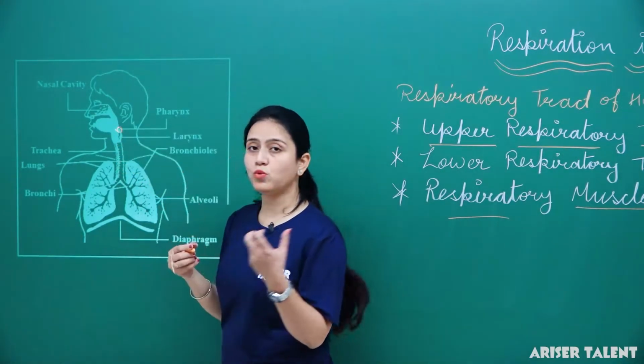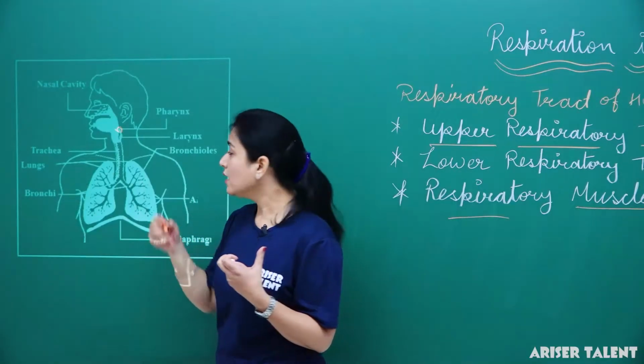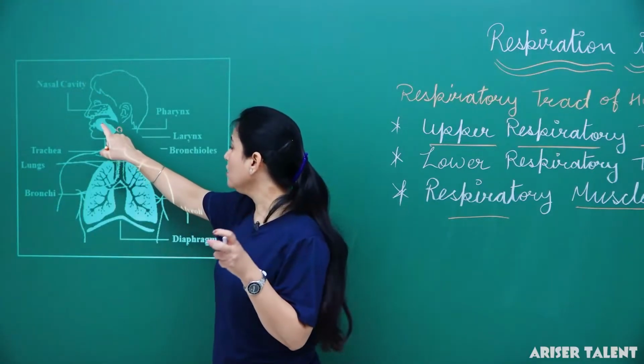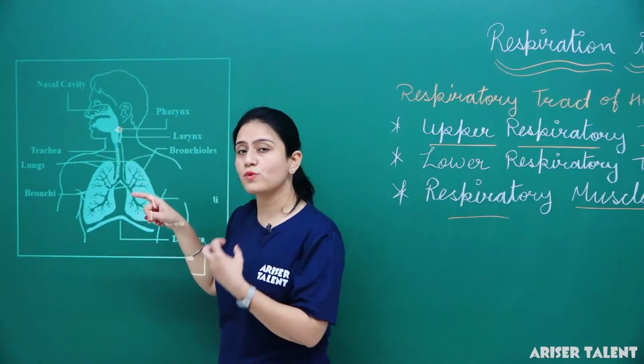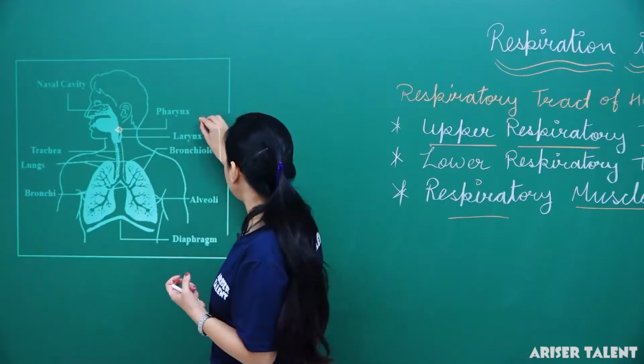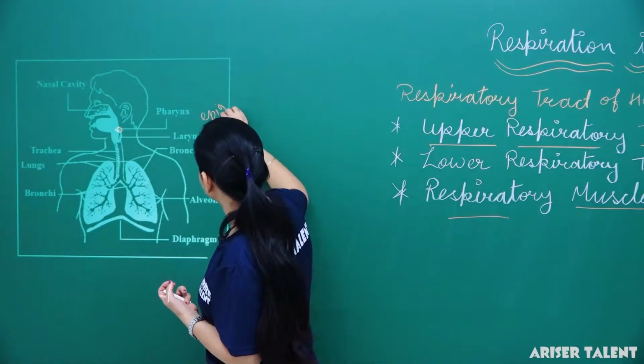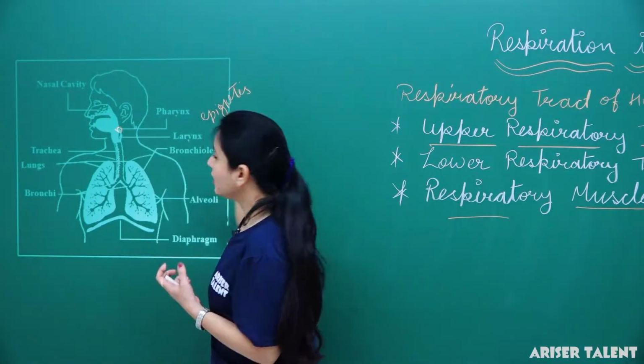Now, whatever we eat, at that time this part has an opening, and whatever we eat or swallow, at that time a layer which is known as epiglottis gets closed.